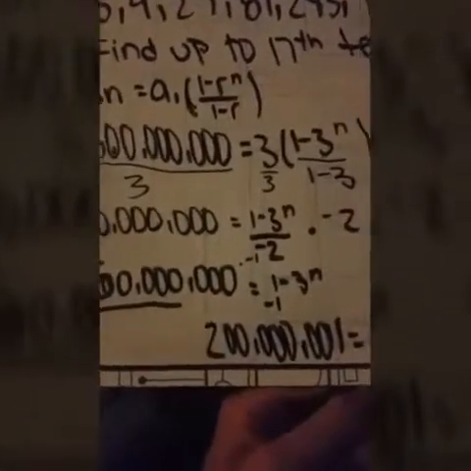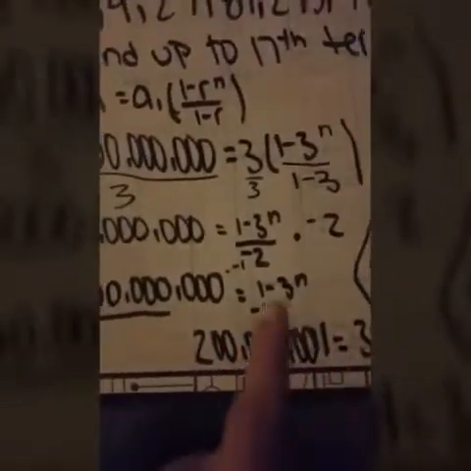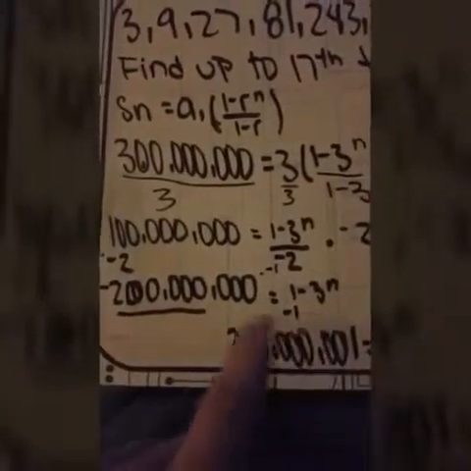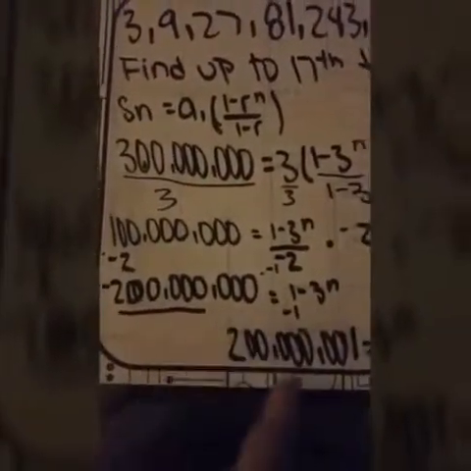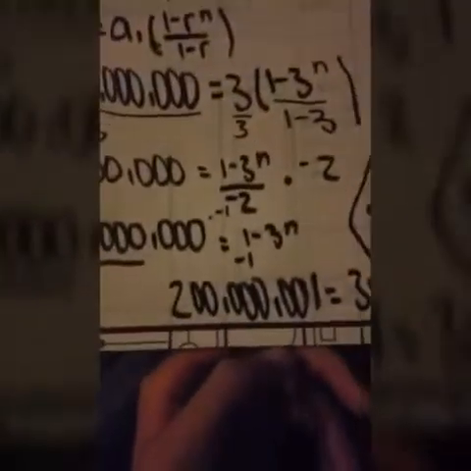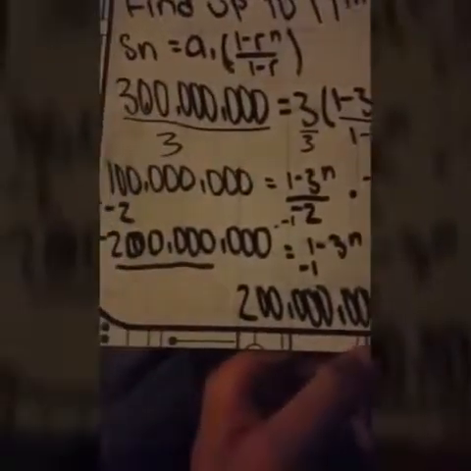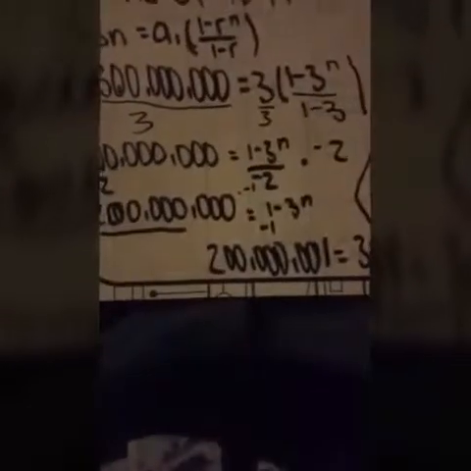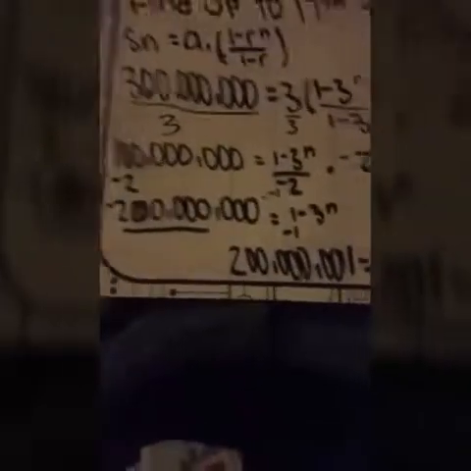Now you have 1 minus 3 to the n, and you want to get rid of the 1, so you will subtract, no, you will add a 1.